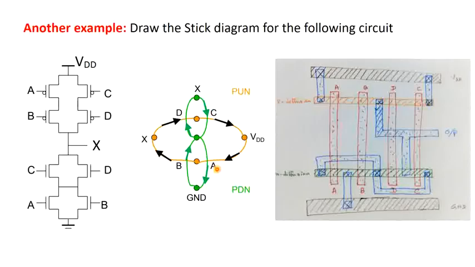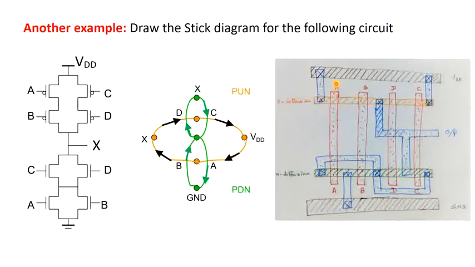So this order A, B, D, C can be used for drawing the stick diagram as shown in this diagram. Here we have VDD, ground, N diffusion, P diffusion.